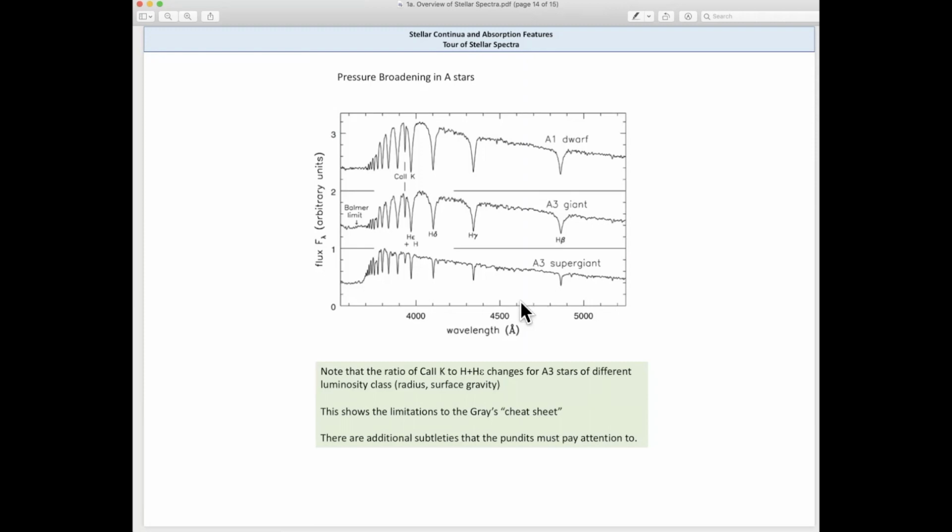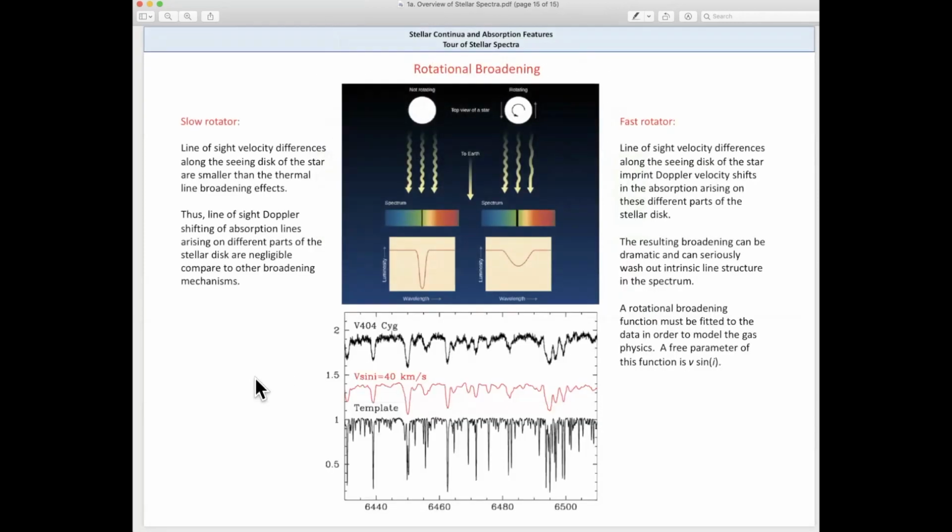And last but not least, we'll spend a lecture on rotational broadening. This is a situation where stars are rotating, and this is a Doppler effect where the limb that's rotating toward you, you get blue shifted absorption.